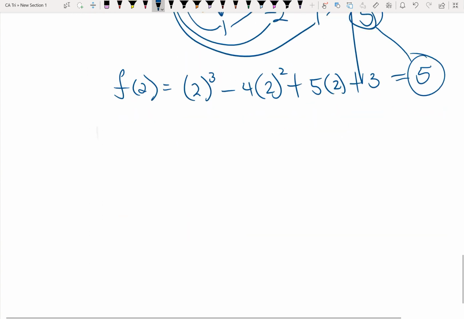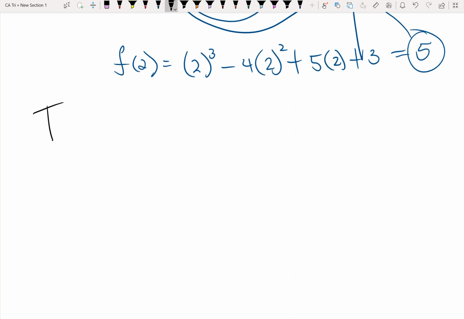If you wish to try one on your own, I'll give you a try question to do and the answer. Follow the example above. I promise you it'll be identical.